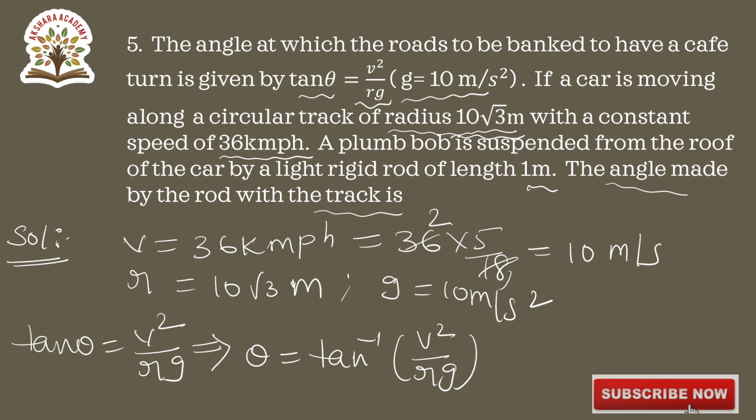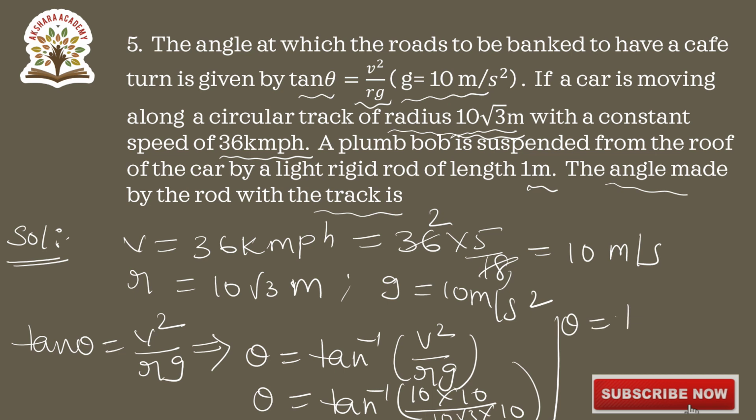Now substituting values, theta is equal to tan inverse of v square, nothing but v they given as 36 km per hour, converting into meter per second we are getting 10 meters per second, that is 10 into 10 by r g, r 10 root 3 into g 10 meter per second square.